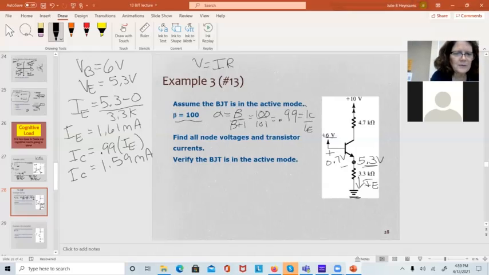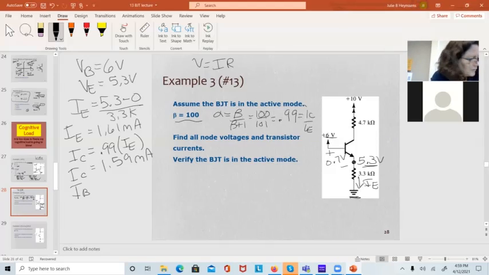Which means that IB is the difference between the two of them. IB, or we could use IB equals IC over beta. The numbers are the same.